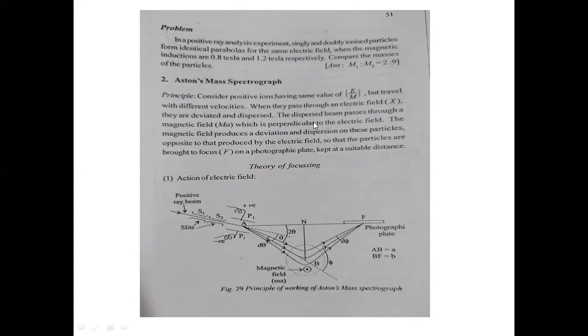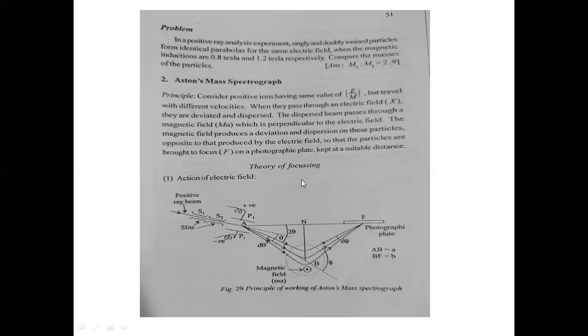Those dispersed beams pass through a magnetic field which is perpendicular to the electric field. Again they are dispersed and deviated because of the magnetic field. Finally they are brought to focus on a photographic plate kept at a suitable distance.